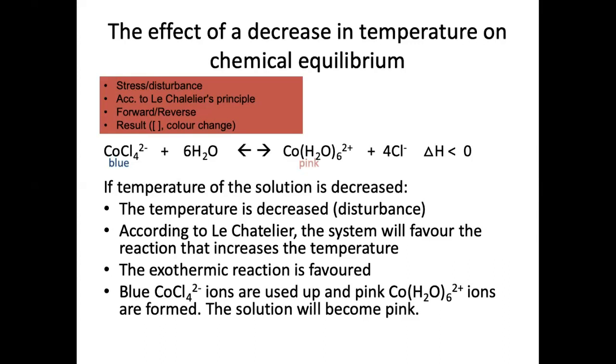But if you increase the temperature, the rate of the endothermic reaction increases by a greater amount than the exothermic reaction. And if you decrease the temperature, the exothermic reaction is faster than the endothermic reaction. You just have to know that, but we'll write it as it is here. If you decrease the temperature, the exothermic reaction is favored.